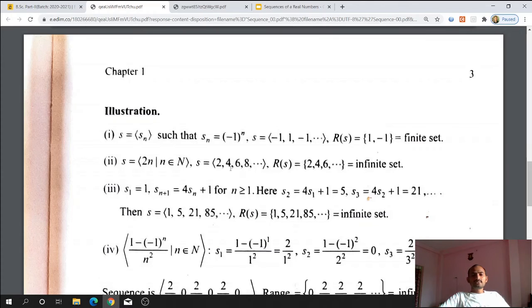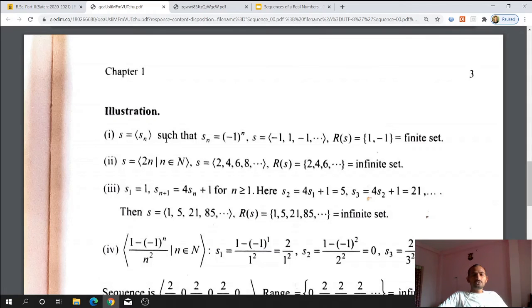The range set for this sequence is S1, S2, and so on, Sn and so on. Here there is no repetition of elements, so the sequence set is the same as the range set. So this is an infinite set. The range of S is an infinite set and the sequence is again infinite. So this is an example of an infinite sequence with infinite range.